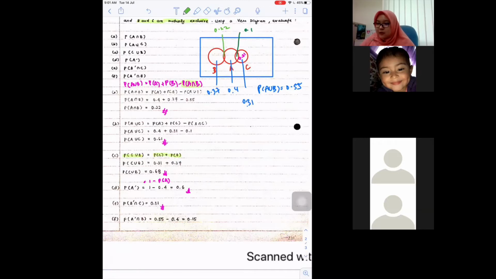Okay, I think you can see this clearly here. This is your A, this is your B. We already have the intersection here, 0.22, and the whole thing of this P(B) here is 0.37. So we can find the intersection of A complement and B. Other than A is A complement, and you want to intersect with B, so you want this part here.